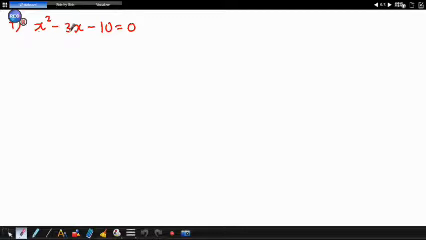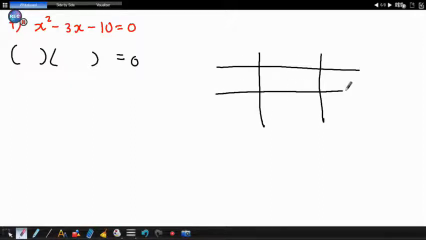We have x squared minus 3x minus 10 equal to 0. Guys, you have to know how to factorize here. First thing you need to do, this is how I factorize. I'll have x squared minus 3x minus 10.